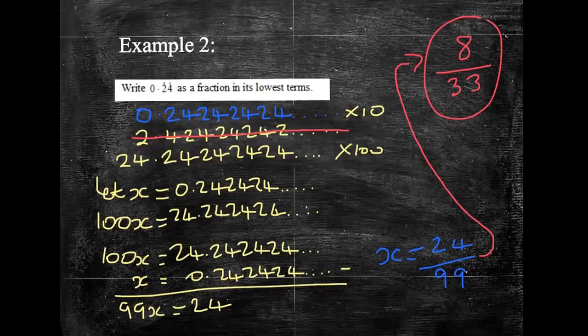If you're not sure whether something's divisible by 3 or not, there's a very quick trick that I can show you. If you add the two digits here, 2 and 4 is 6. 6 is in the 3 times table, so that means that it's divisible by 3.